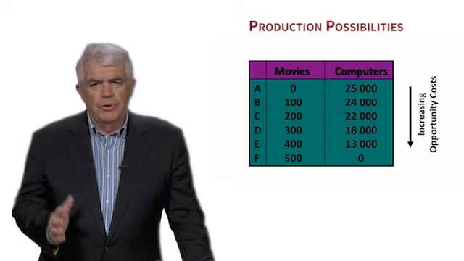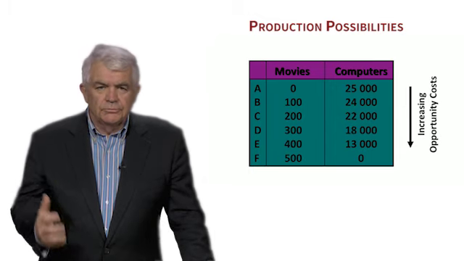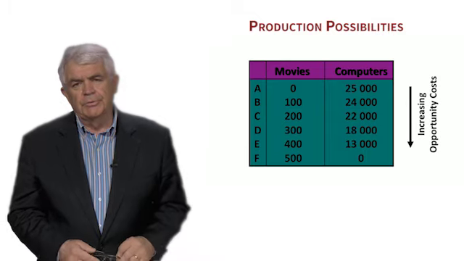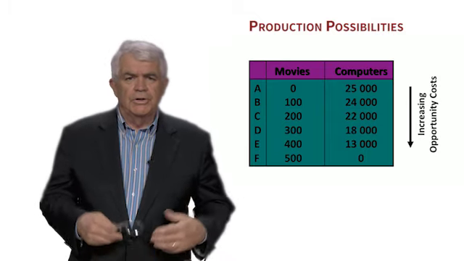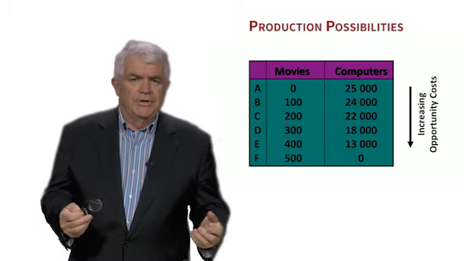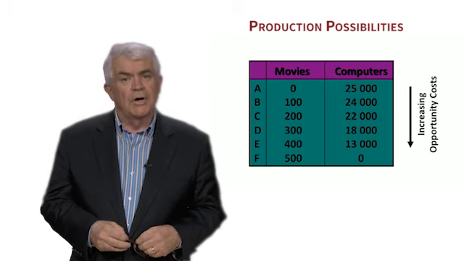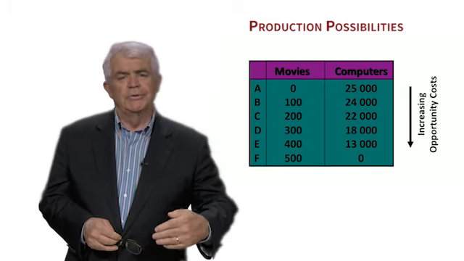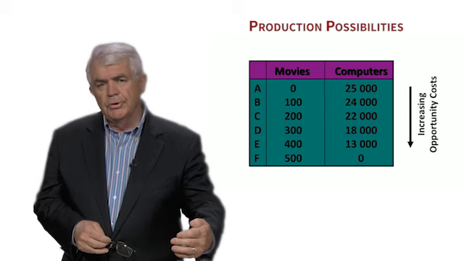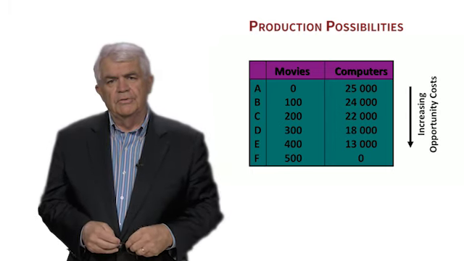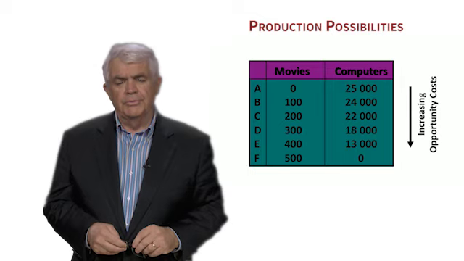You can produce no movies, in which case you get 25,000 computers. All the resources in the economy are going into producing computers. Or you can make a few more movies, say 100 for example, and in that case you get fewer computers. That's the opportunity cost. Remember, the opportunity cost of producing more movies is less of something else, in this case, fewer computers, 1,000 fewer computers.